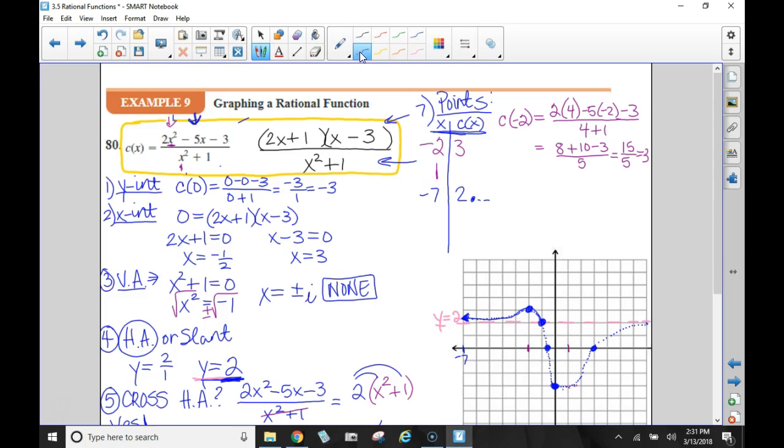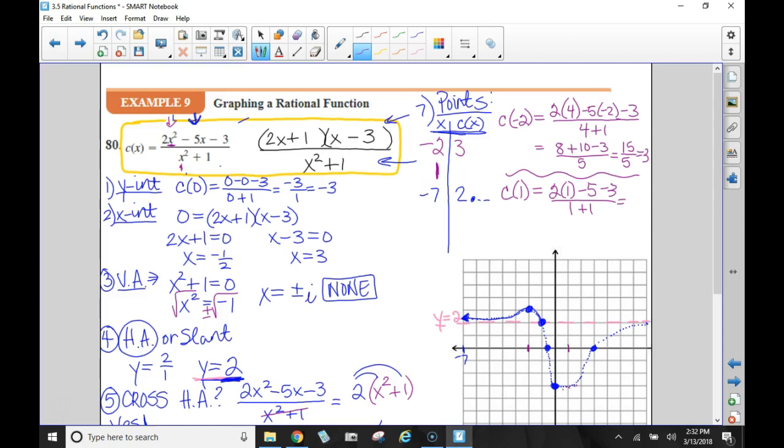All right, now let me calculate my C function when x is 1. So C at 1 is 2 times 1 squared is 1 minus 5 times 1 is just 5. So minus 5 minus 3 all over 1 squared is 1 plus 1.